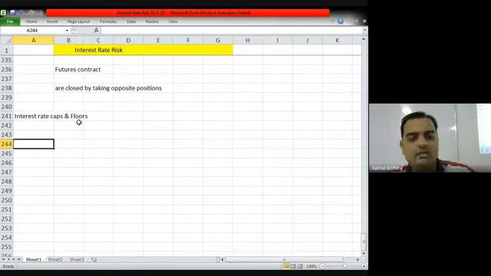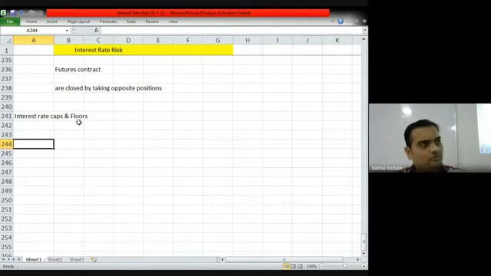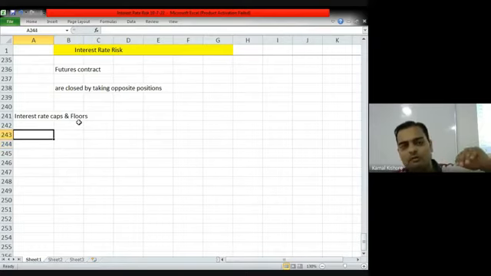Are you getting it? Similarly, with an interest rate floor, I will receive at least this level. If interest rates fall below this level, I should still receive at least this level. So when will you use a cap and when will you use a floor?